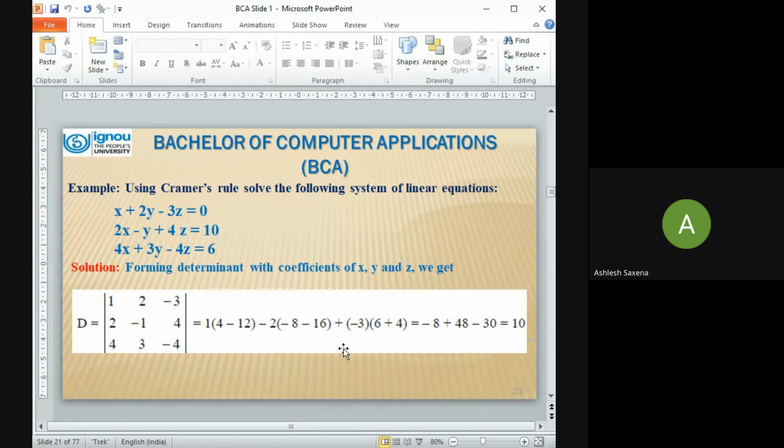First one is plus, second one is minus, minus 2. You will be left with 2, 4, 4 minus 4. That will be minus 8, minus 16. Bracket close. First one is plus, second one is minus, third one is plus. Plus into minus 3. That will be 6 plus 4, 10. Okay, that is clear.